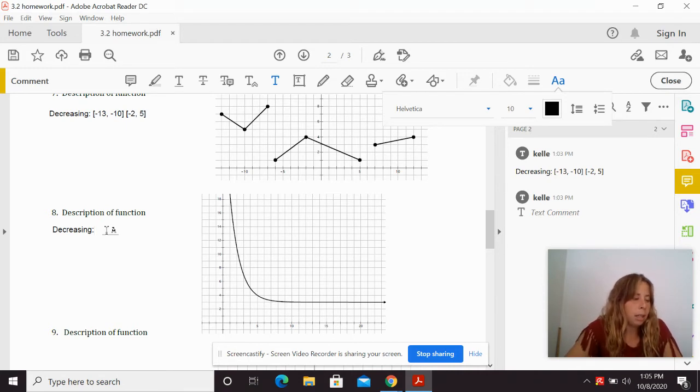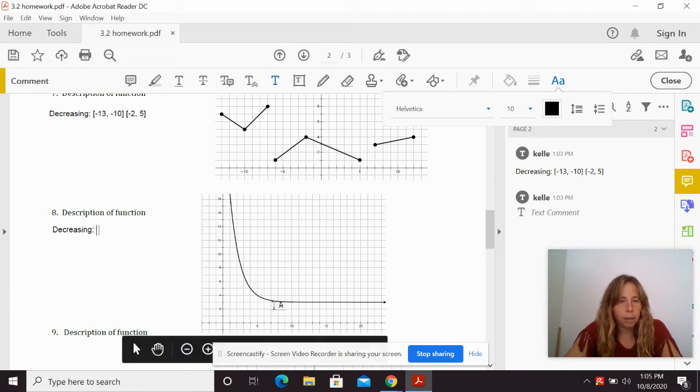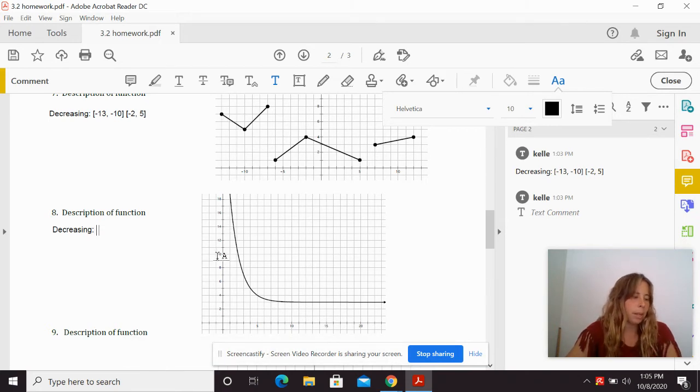And then the maximum. Well, it is going forever up this way, so there's really no maximum. It is approaching infinity.